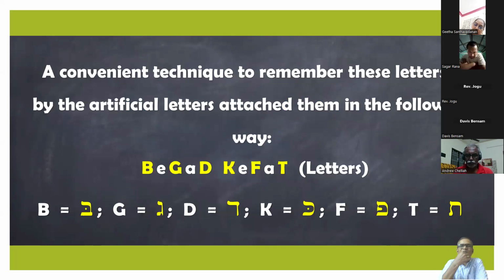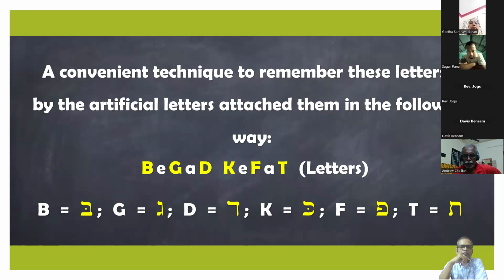Now, for convenience's sake, the grammarians used to call these letters Beget Kefat letters. When I say Beget Kefat letters, it is referring to Bet, Gimel, Dalet, Kaf, Pe, Tau. Why have the grammarians given the name Beget Kefat? They have just used the transliteration. For example, Bet B, Gimel G, Dalet D, Kaf K, Pe F. But we have learned that the transliteration for Pe is P. We will see why it appears like this.